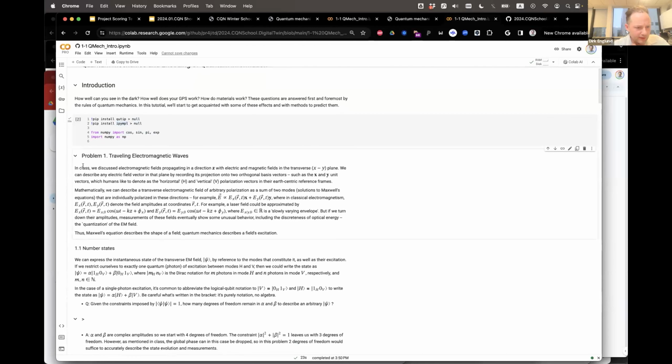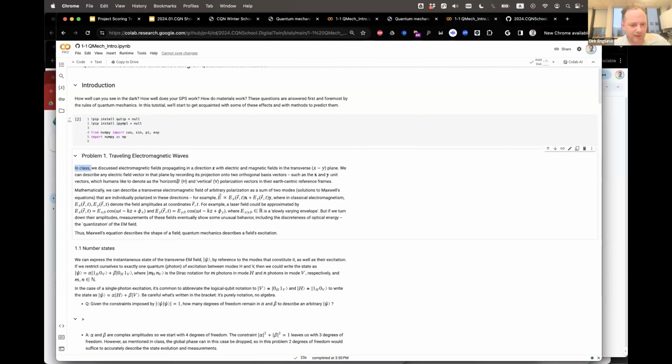In the notes, we were talking about electromagnetic fields, how we can quantize them and how we can use the position of these basis states to create wave packets. We can create one wave packet, for example, that would be a traveling electromagnetic wave.